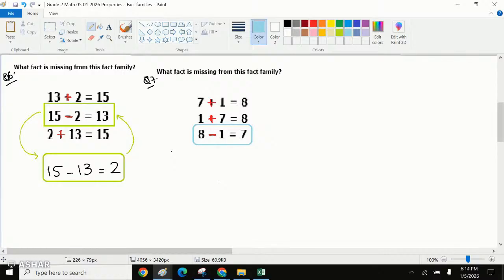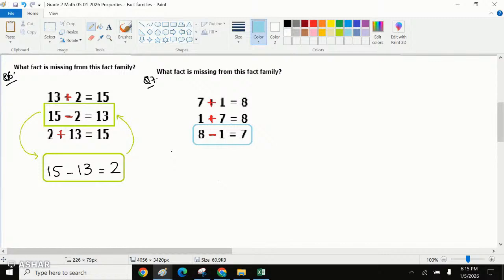I'm using the word negative for subtraction, okay? So the subtraction fact should be, it is given as 7 plus 1 equals to 8. If we add 7 plus 1 or 1 plus 7, that always equals to 8, right? But that was for the positive statements.